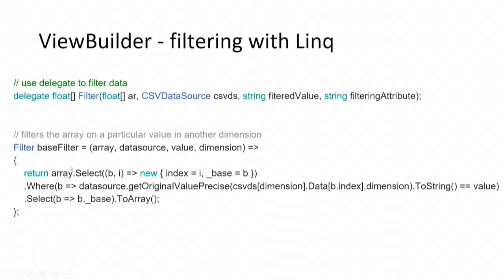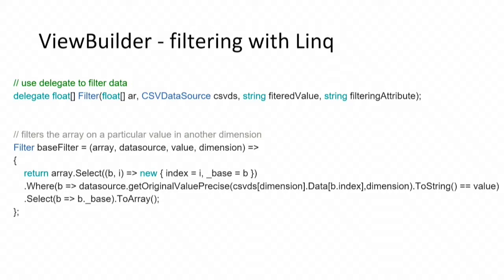We are using LINQ, so we're doing a select. We're doing a bit of munging here, and then we're selecting where a particular value equals the value we're searching for. So this is where we can start to see where LINQ can help us filter data, because it starts to look like SQL, and you can actually use an SQL-like syntax within LINQ using C#.